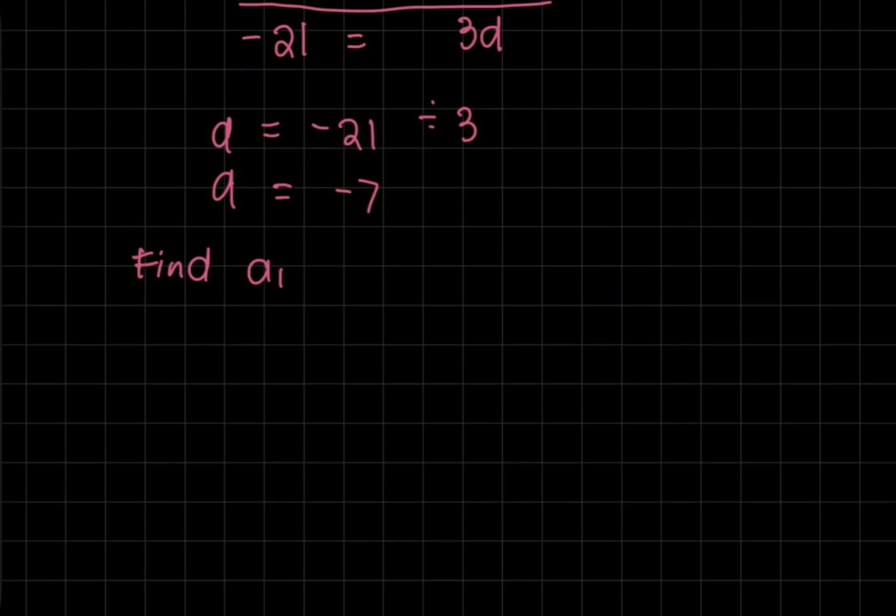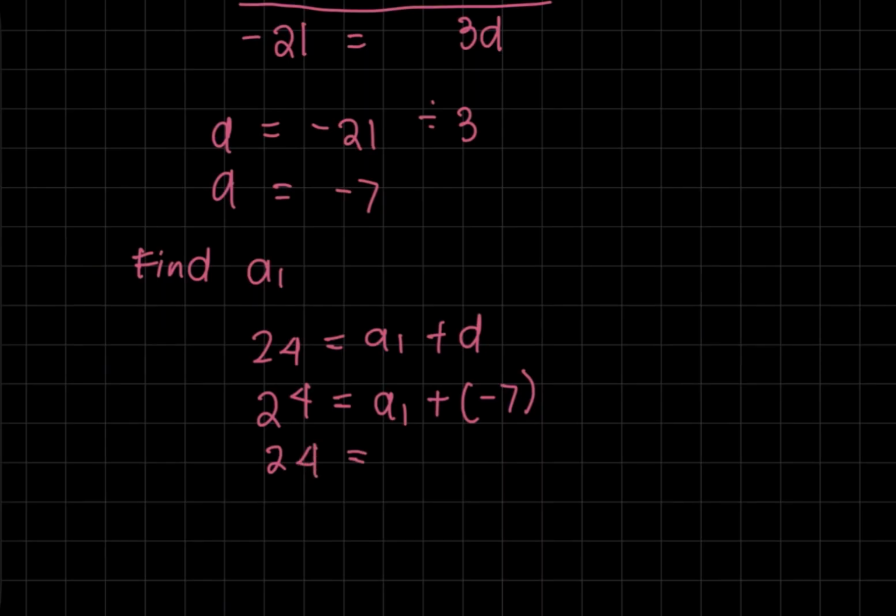So we have equation 1, which is 24 equals A sub 1 plus D. If we substitute our common difference that we found, which is -7, this will be 24 equals A1 minus 7.